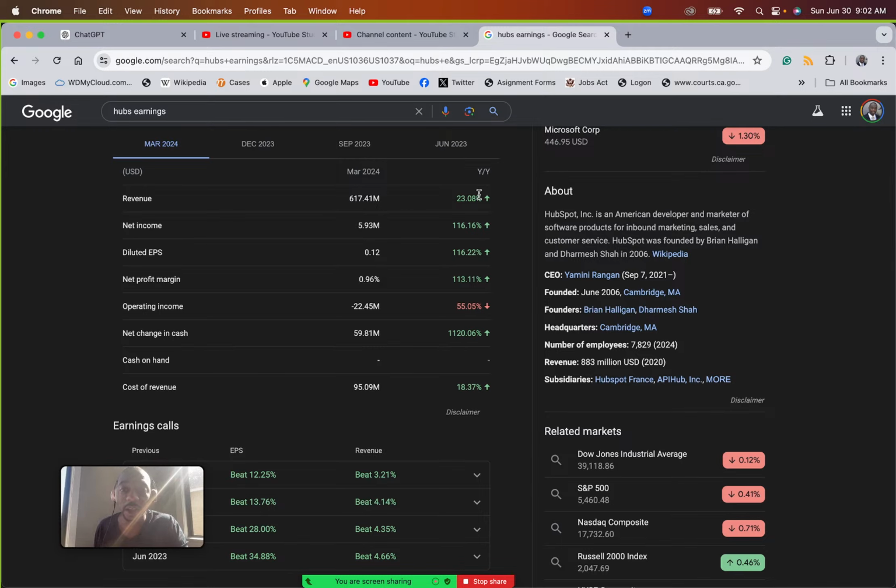The revenue is up and it's only at 617 million, which means it's only making a couple billion a year. So for me, I think HubSpot has a tremendous opportunity for growth versus CRM, which is more of a grown company.